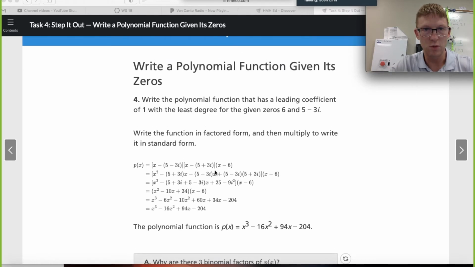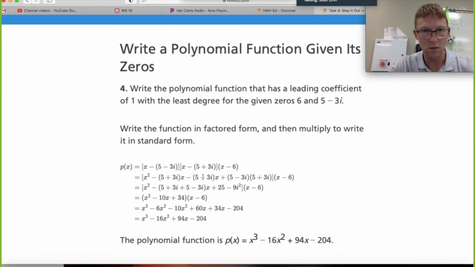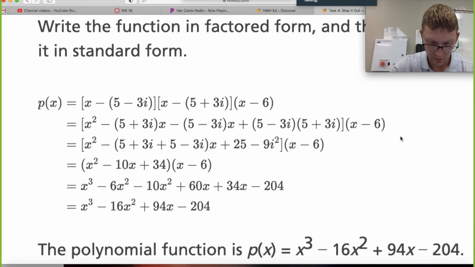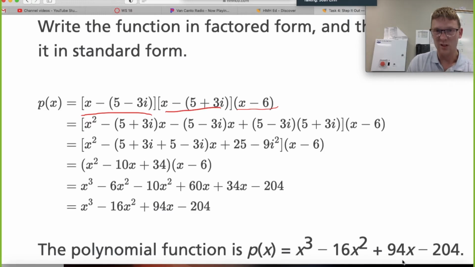So let's zoom in on what we're looking at here. We've got our x minus 6, and then we also have our x minus our conjugate. So just make sure that you don't forget the conjugates.